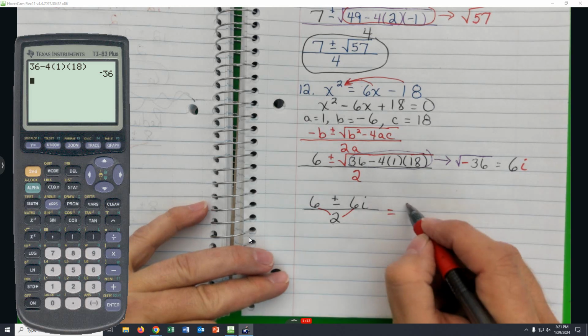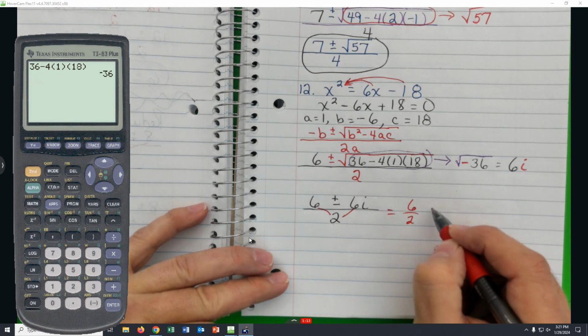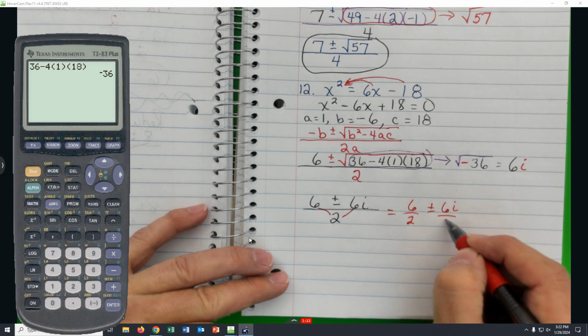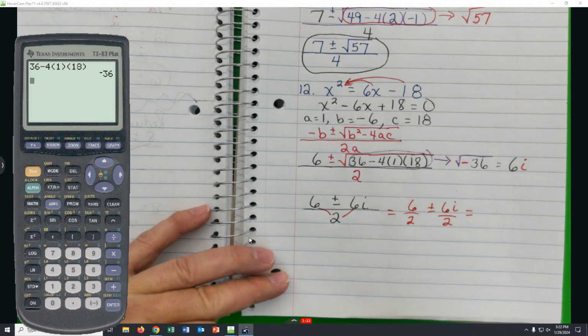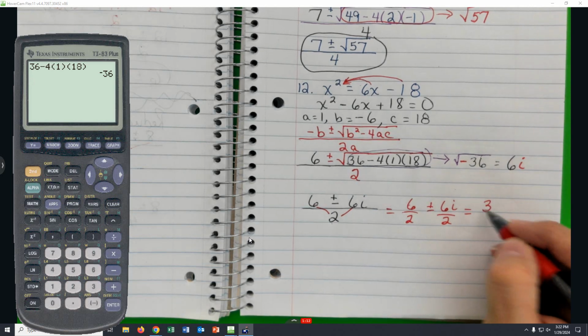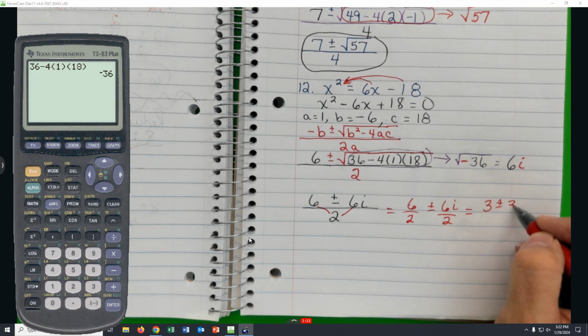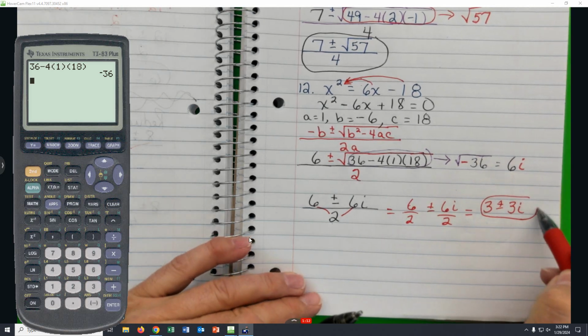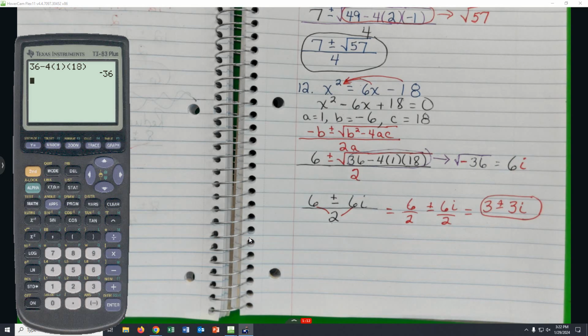We'd have 6 over 2 plus or minus 6i all over 2, which leads us to what answer? 3 plus or minus 3i. Good. 3 plus or minus 3i.